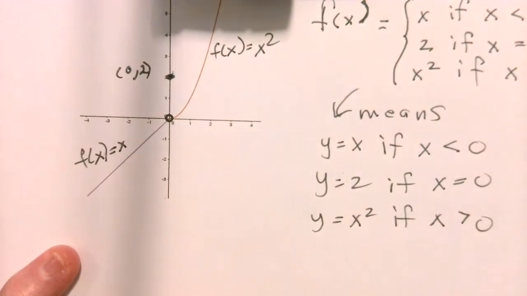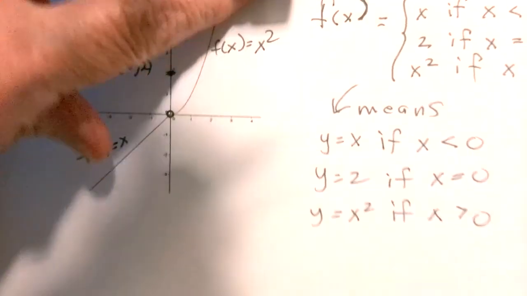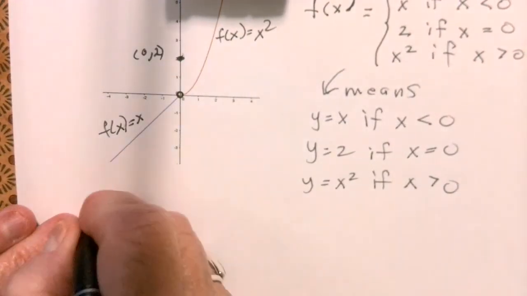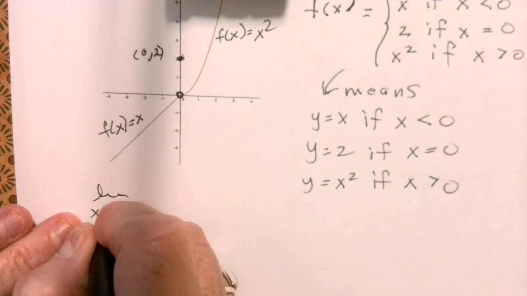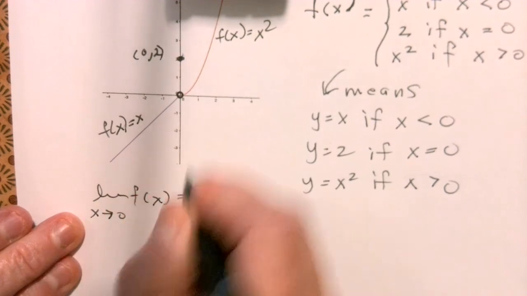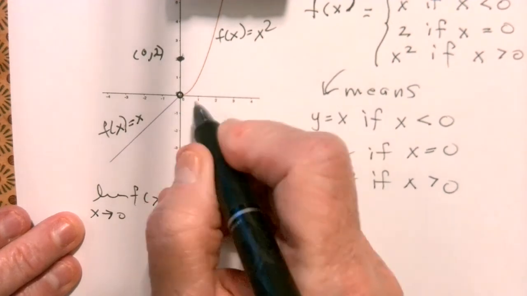Now, sometimes it's interesting to talk about these functions when we're talking about limits. So that I have more room here. The limit as x approaches 0 of f of x is 0 because it's coming into 0 from the left and the right.